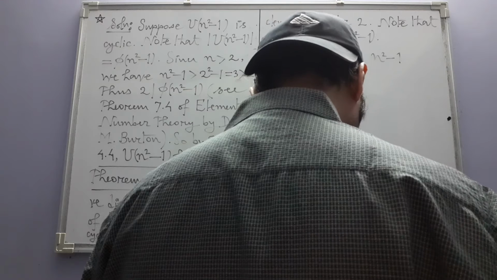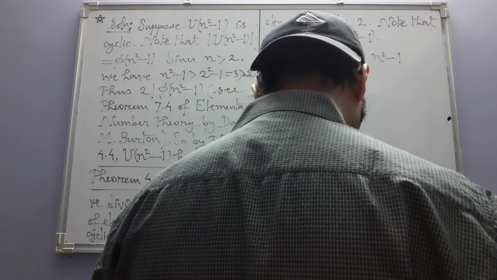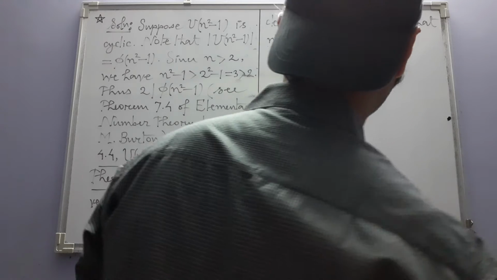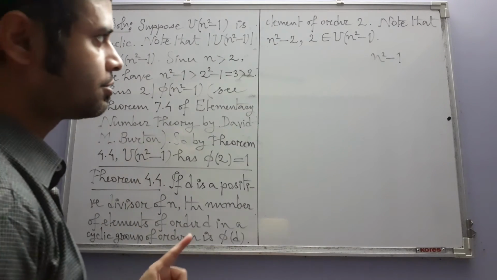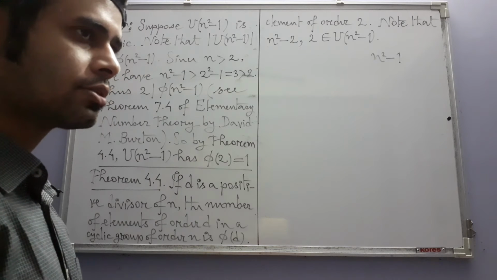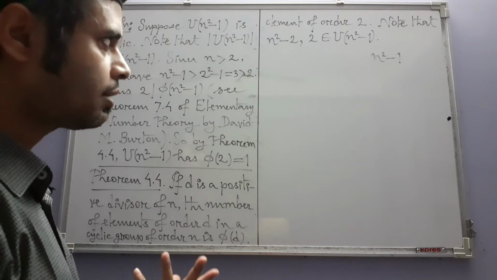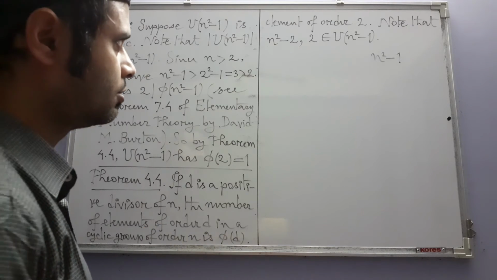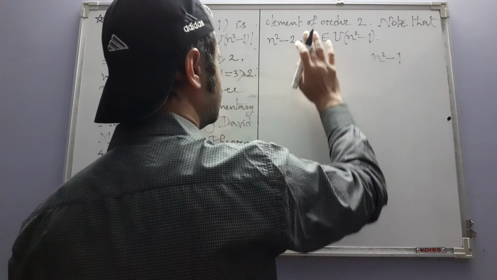Is that true? Let me just see. No, that is not necessarily true, because if n is odd, then n square is also odd and n square minus 1 is even. So in that case 2 will not belong to this group, because 2 is not the element that we are seeking.